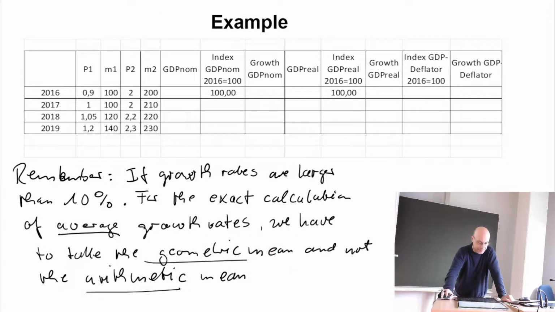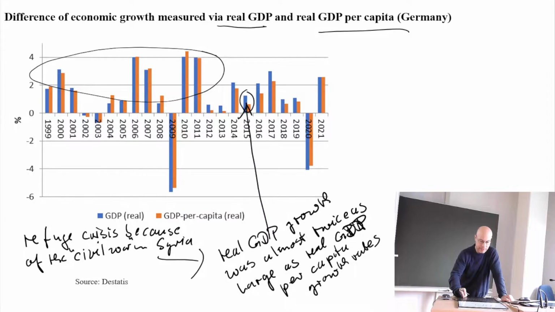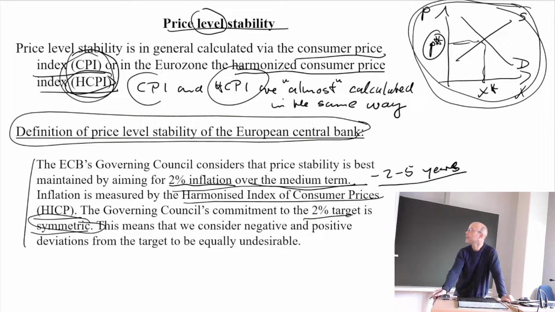the economic growth rate, and after this we went to what we understand by price level stability, and this price level stability is then calculated via the consumer price index.